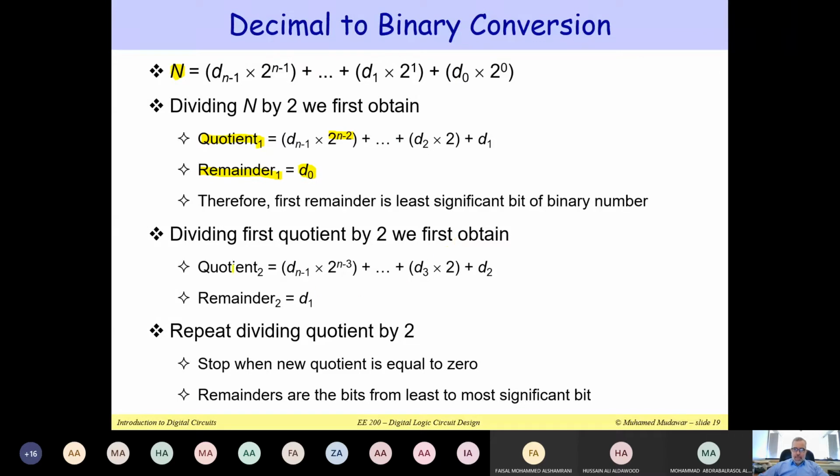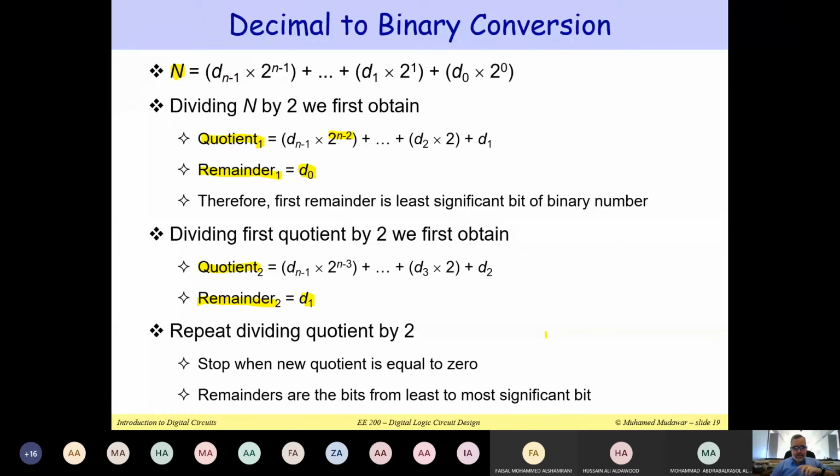You get quotient 2, which is equal to this number, and the remainder 2 will be equal to d1. So mathematically, this is why the method works. This is why we divide by 2 repeatedly to obtain the remainders. The first remainder will be d0, the second remainder will be d1, and so on.